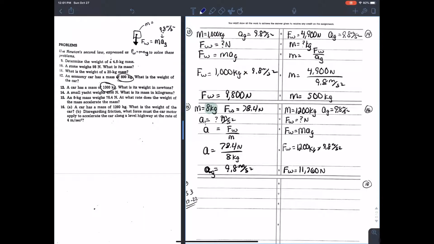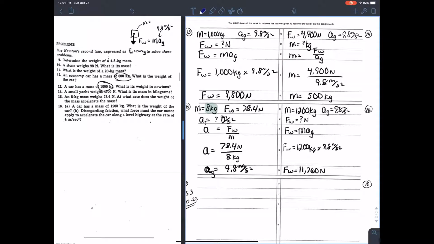And then for part B, I'm going to change the color so that we can see it better. For part B, it says, disregarding friction, what force must the car motor apply to accelerate the car on a level highway at a rate of, all right, so this acceleration, like an applied force, is going to be 4 meters per second squared.